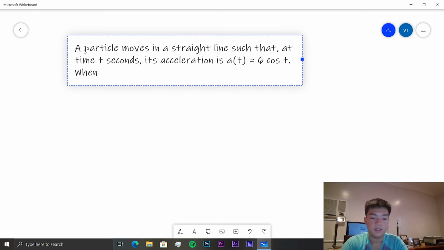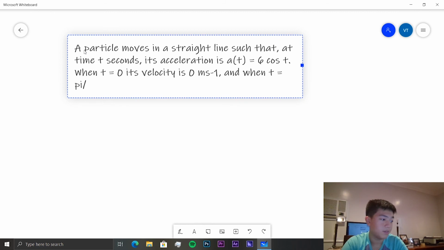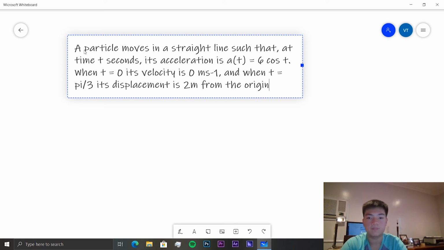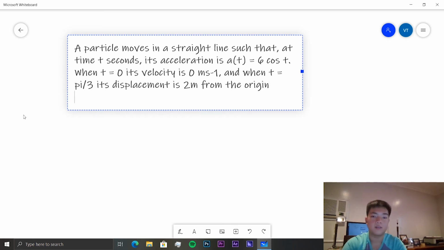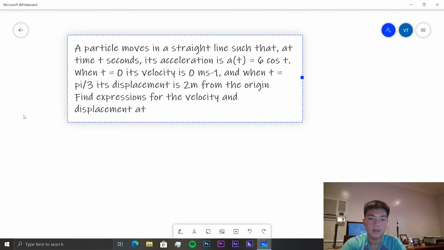When t is equal to 0, its velocity is 0 meters per second. And when t is equal to pi over 3, its displacement is 2 meters from the origin. So we need to find expressions for the velocity and displacement at time t.